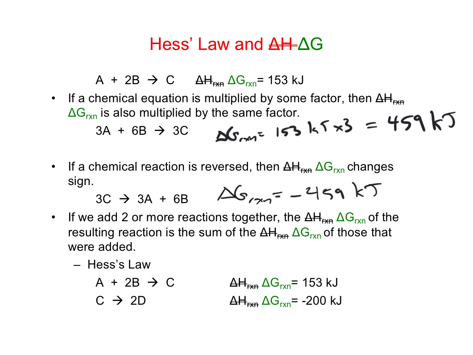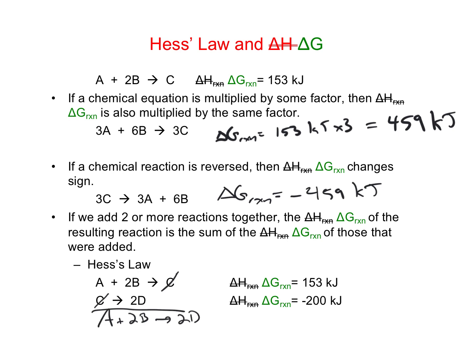All right, and then perhaps most importantly, another aspect of Hess's law is that when I add reactions, then I just have to sum the delta G's to get the delta G for the new reaction. So if I was to add these two reactions, the C's would cancel, and I'd end up with A plus 2B goes to 2D.